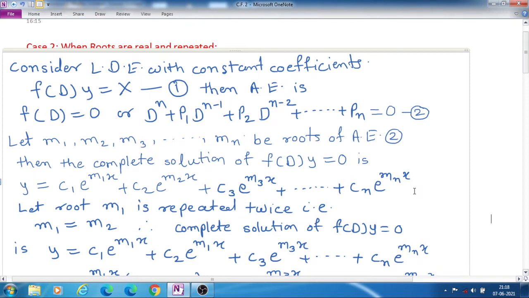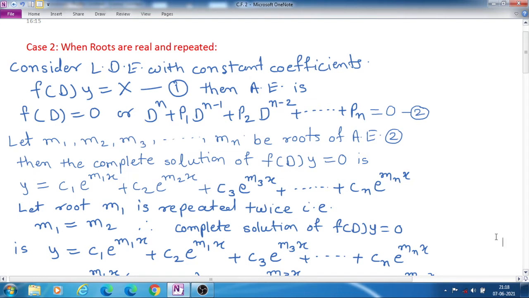Now in the last lecture we have seen complementary function and roots of the auxiliary equation.